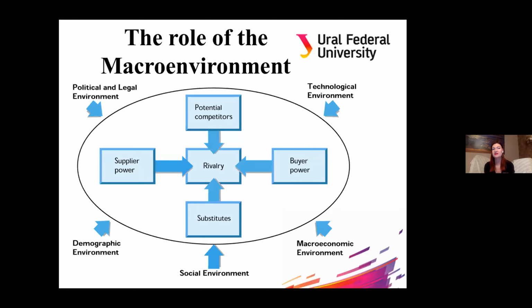And outside, there is the political and legal environment, technological environment, macroeconomic environment, demographic environment, and social environment. When you look at this scheme, can you see here some analysis maybe inside? Here are two different analyses. Can you see some of them?